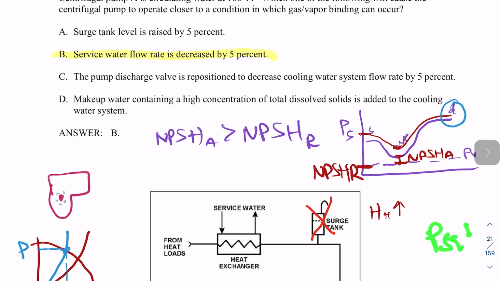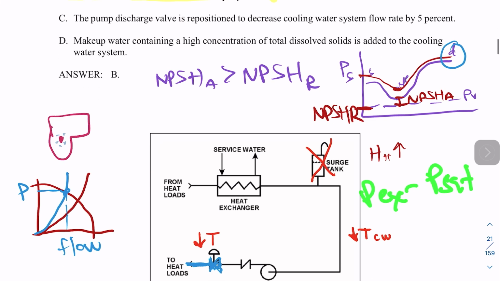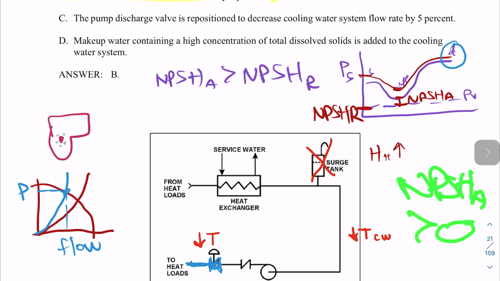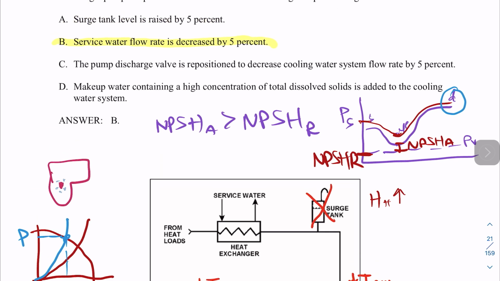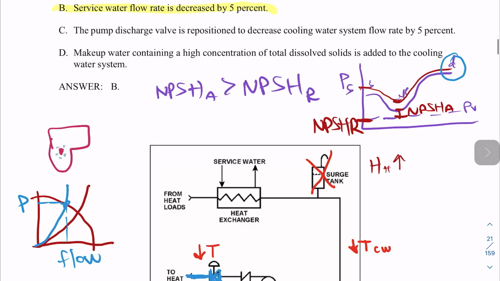Remember PSAT, P minus PSAT. We're going to be closer to that, and we don't want to be closer to that, right? We always want a net positive suction head available that is greater than 0, and definitely greater than the net positive suction head required. So the answer for this one is service water flow rate is decreased by 5%.